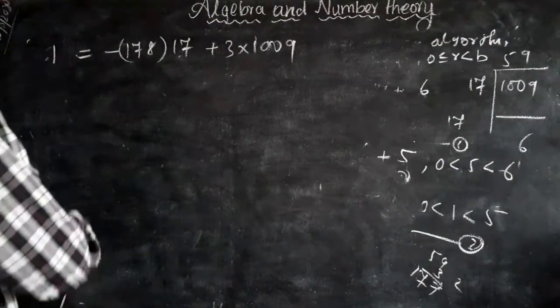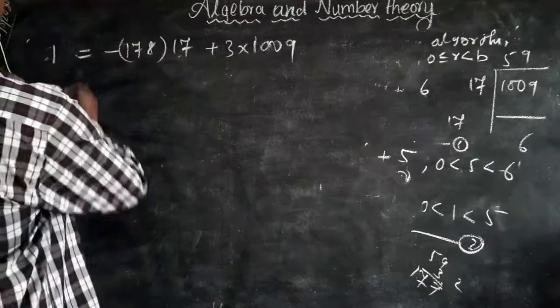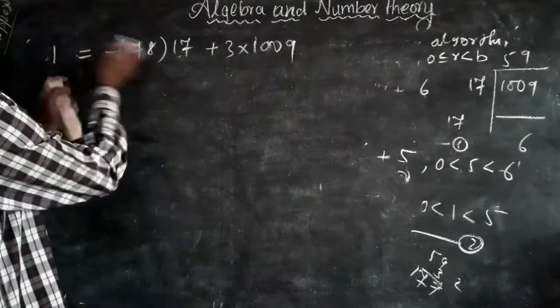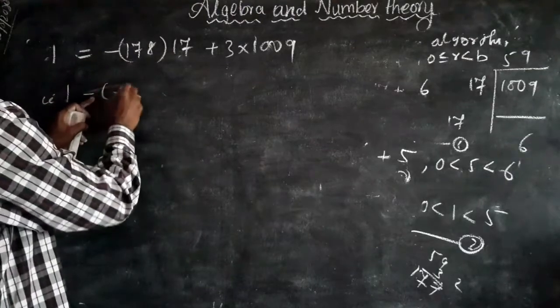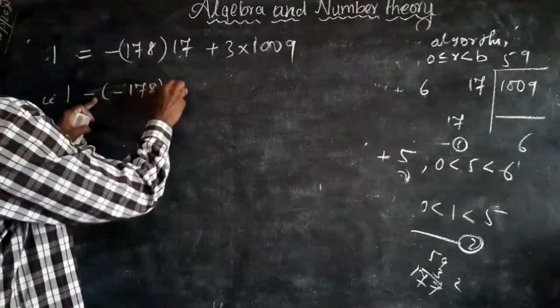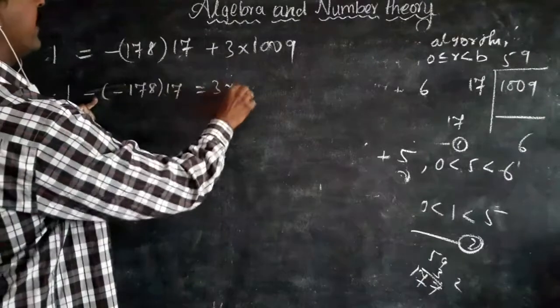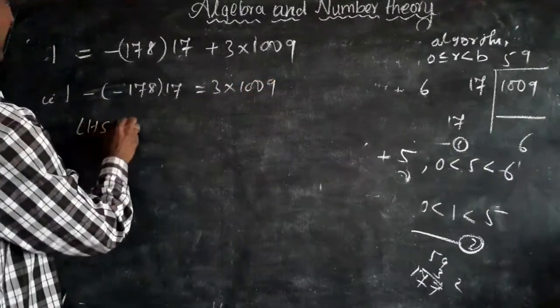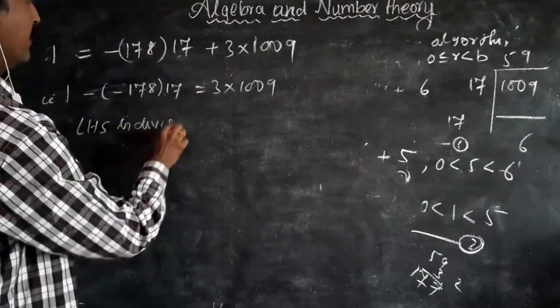Then 1 minus of minus 178 into 17 equals 3 into 1009. So the LHS is divisible.